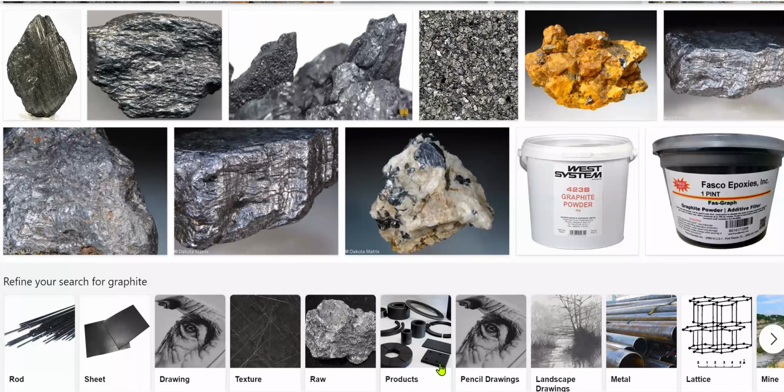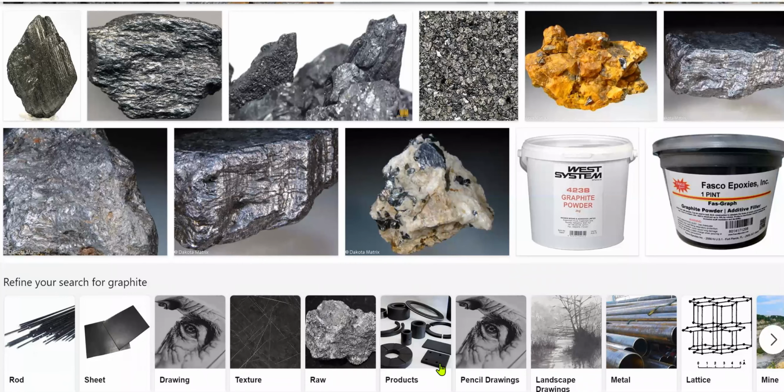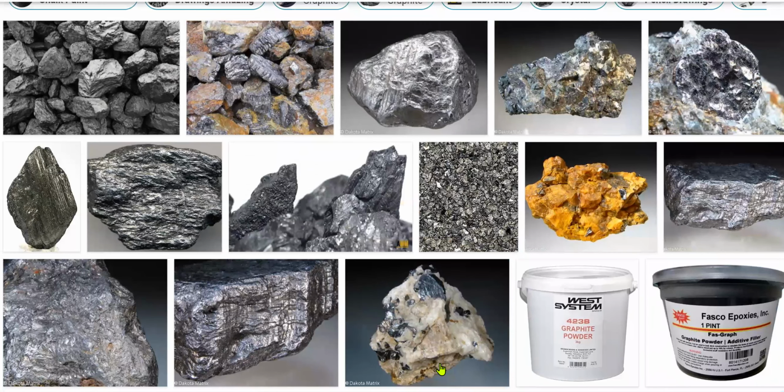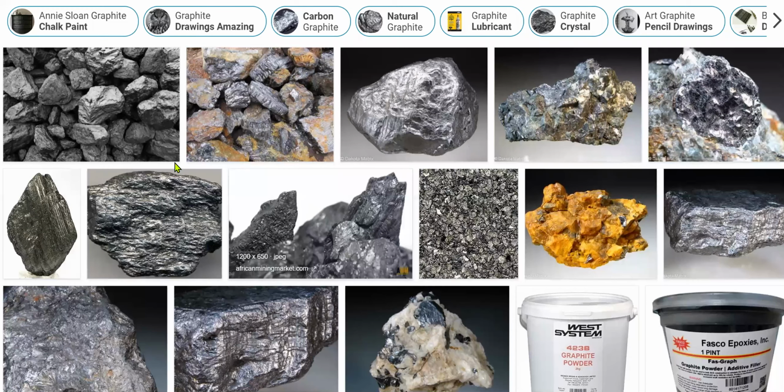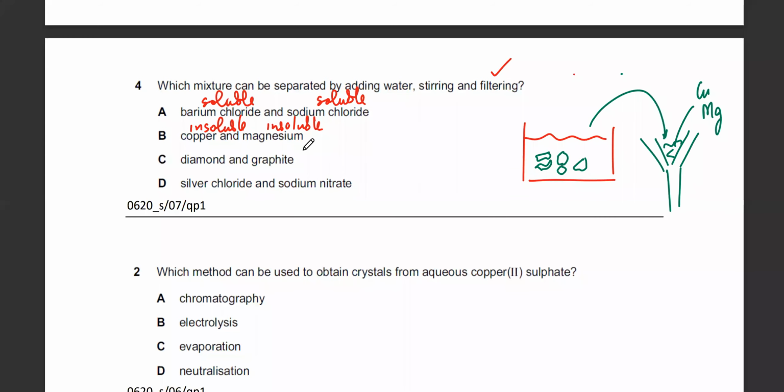It's not soluble. It's the black substance that's usually left when you burn something. So this is graphite, and they're both insoluble. So something similar would happen, which happened to copper and magnesium. You add diamond and graphite, both diamond and graphite particles would be stuck over here in the residue. They won't be able to pass through the filter paper. So when would separation happen? Separation would happen in this last one.